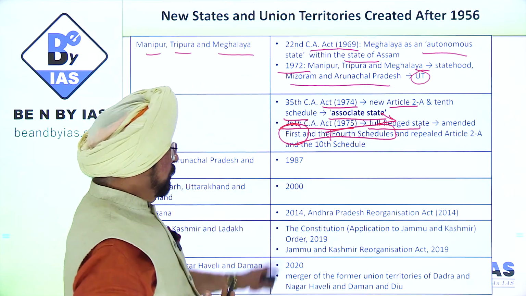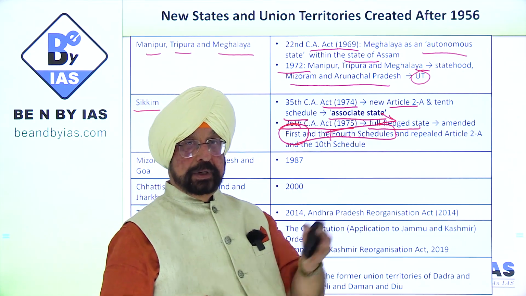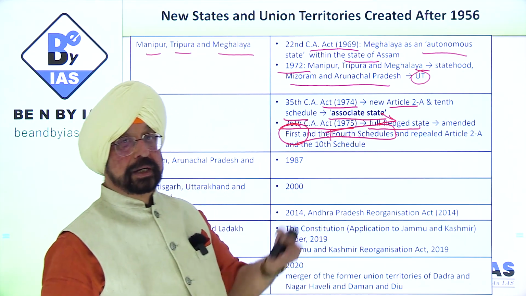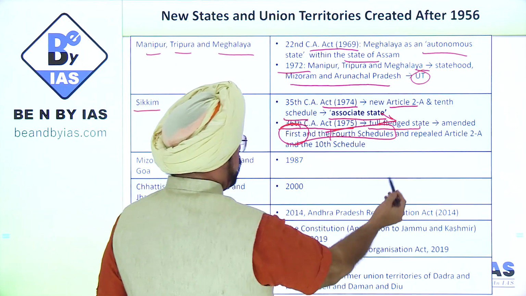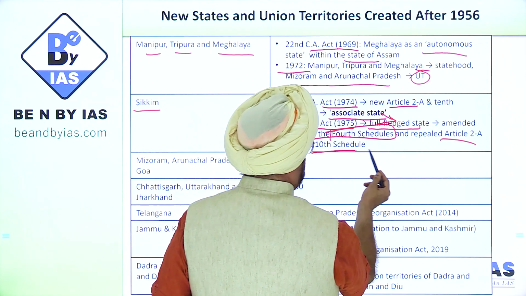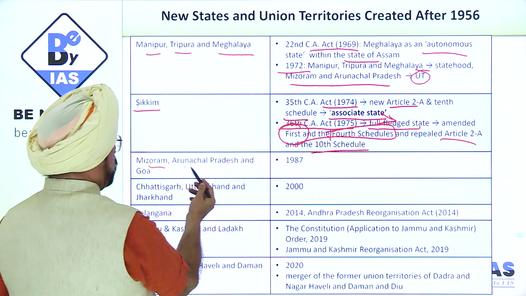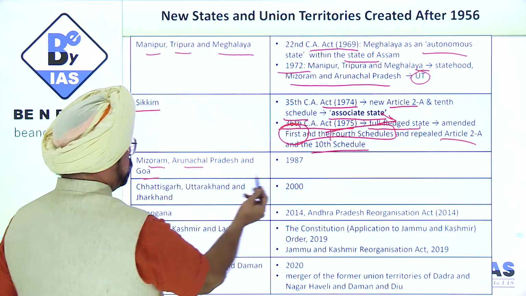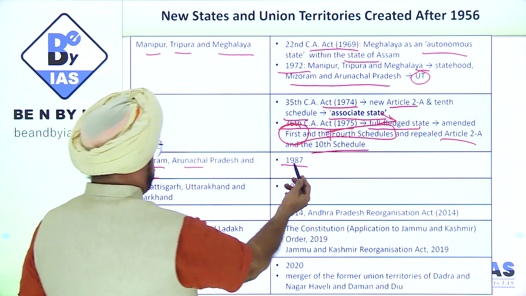Okay, so that is why, because of the change, a new territory was added, so it required amendment to fourth schedule also. But it repealed Article 2A and the 10th schedule. So Mizoram, Arunachal Pradesh and Goa made states in 1987.